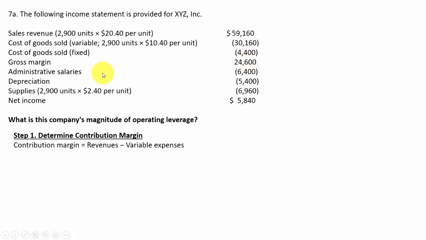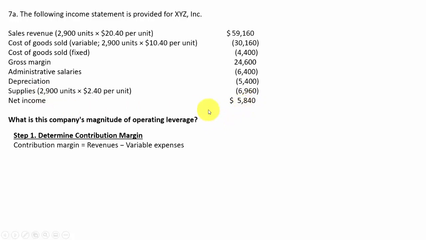And then the expenses: administrative salaries, $6,400. Depreciation, again below the cost of goods sold line, $5,400. And supplies, which is another variable cost of 2,900 units times $2.40 per unit. It's an expense that amounts to $6,960, and then all of these things come up to a net income of $5,840.